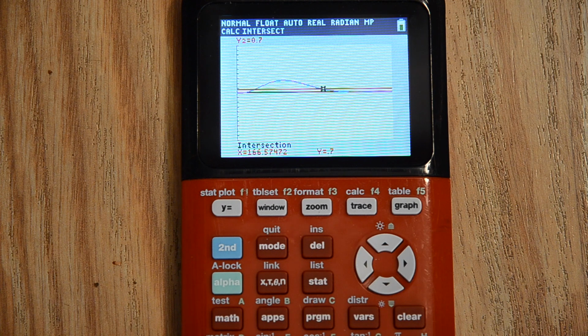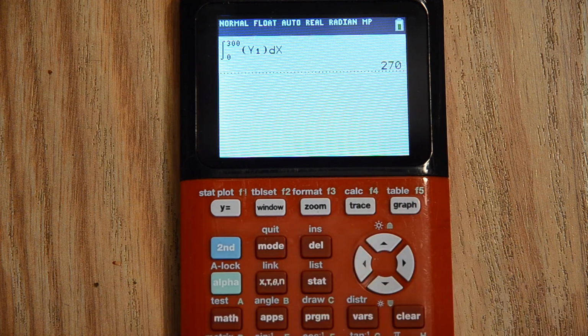Now, I showed you the table, and we knew that there were 0 people in the line at t equals 0 and 80 people in line after 300 seconds. But what about the number of people in line at 33 seconds? Well, we had that function, which was the number of people in line.